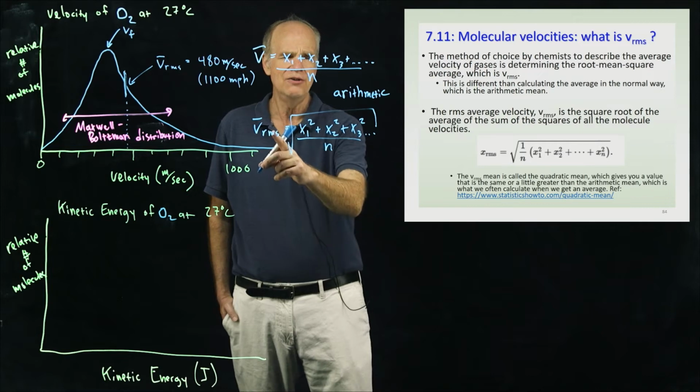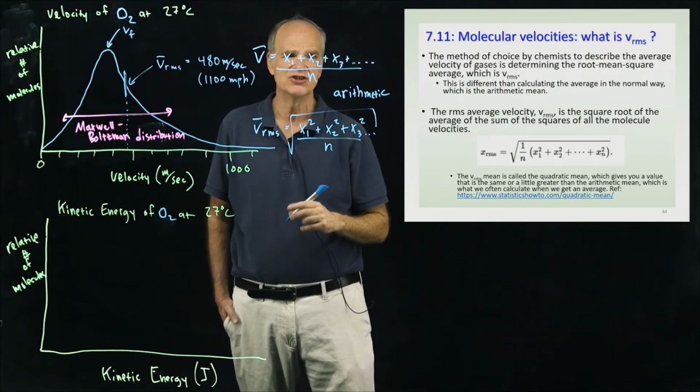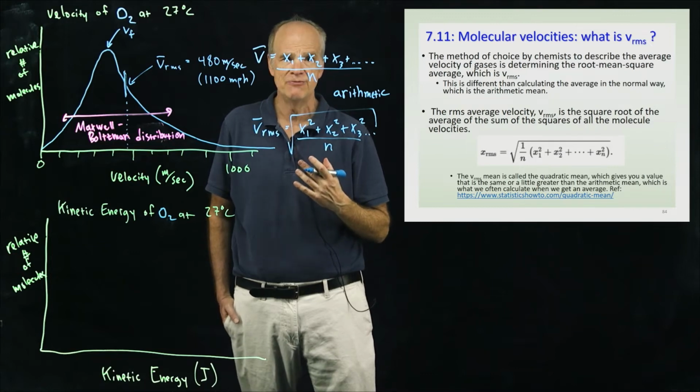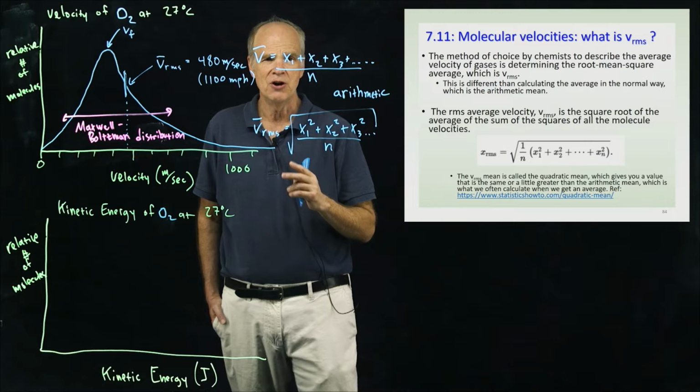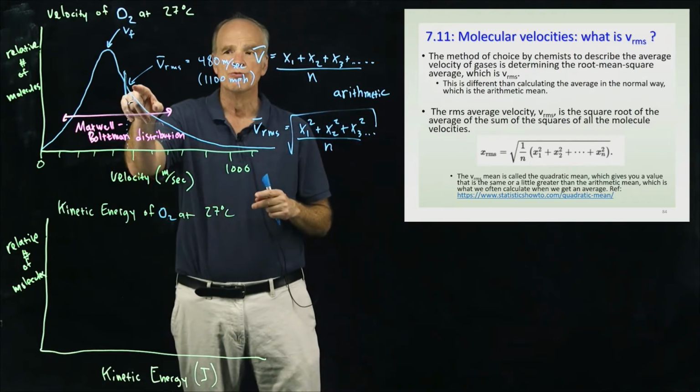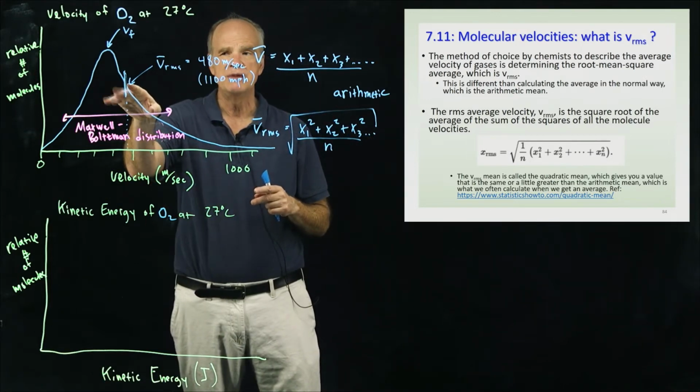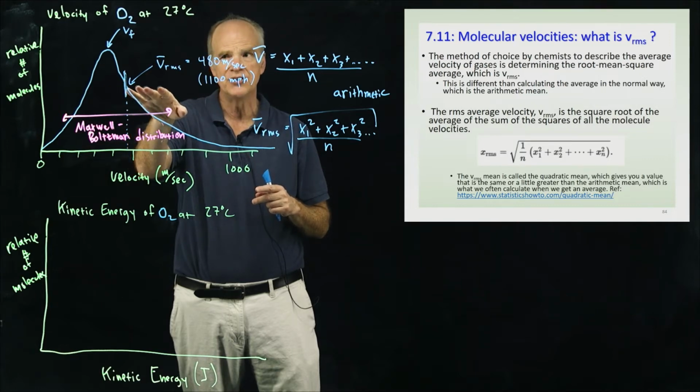So how does the root mean squared average compare to the arithmetic average? Well, it's either the same value or a little bit greater. This in part explains why the root mean square average is shifted a little bit toward the higher speeds from the most frequent speed that we have here.